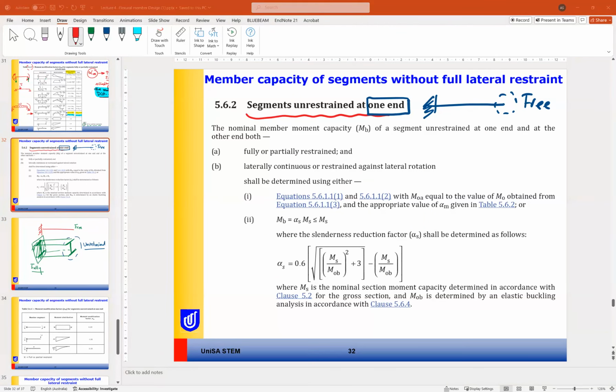So the nominal member capacity MB for a segment unrestrained at one end and at the other end fully or partially restrained, or with laterally continuous restraint, shall be the following.